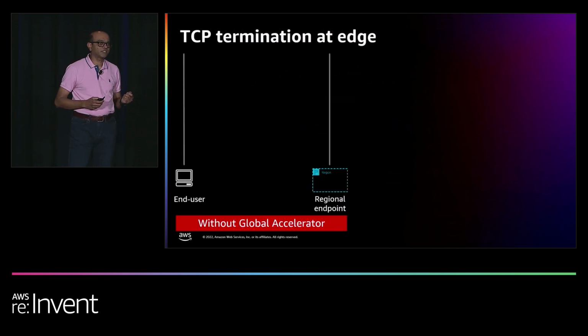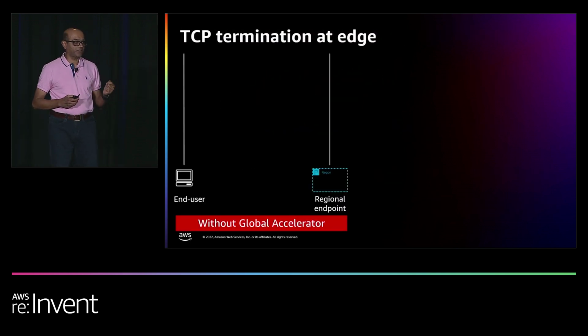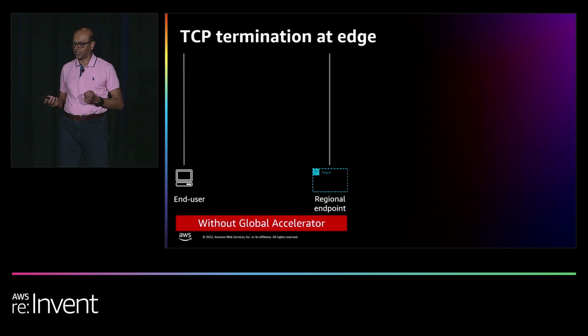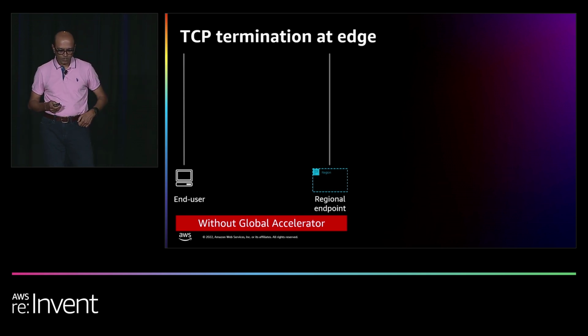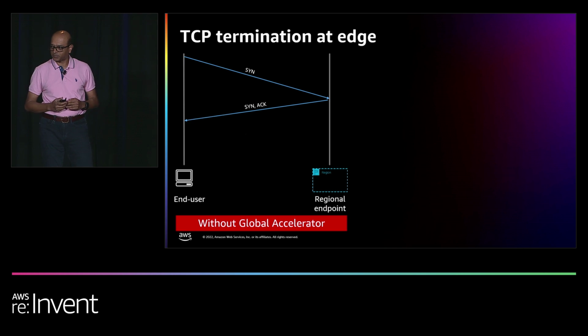The performance benefits that we deliver are partly because of the congestion-free Amazon Global Network, and partly because of optimizations that we do, such as TCP termination at the edge. Without Global Accelerator, TCP session traffic initiated by your end users has to travel all the way to your regional endpoint.